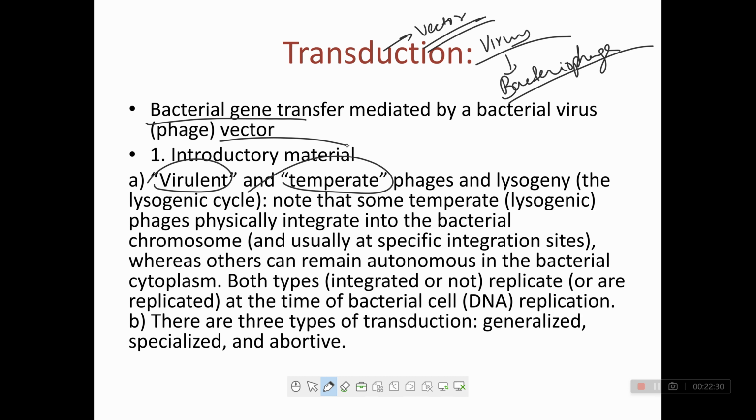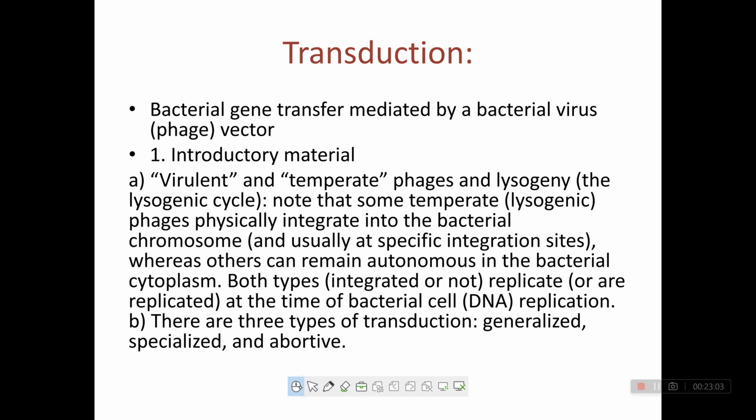Both DNAs will replicate when the bacterial or recipient DNA replicates. They do not replicate individually. There are three types of transduction. First is generalized transduction, second is specialized transduction, and third is abortive transduction.